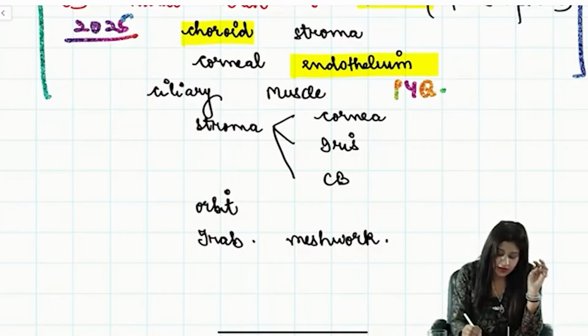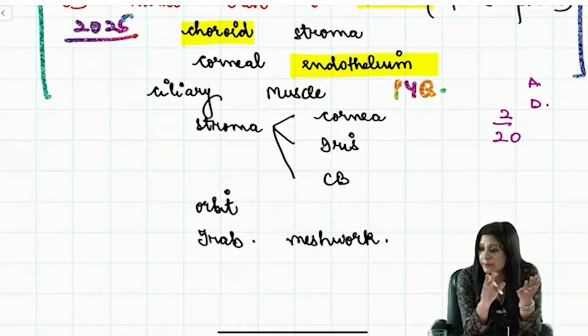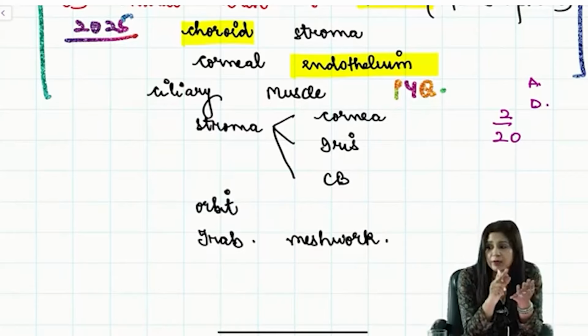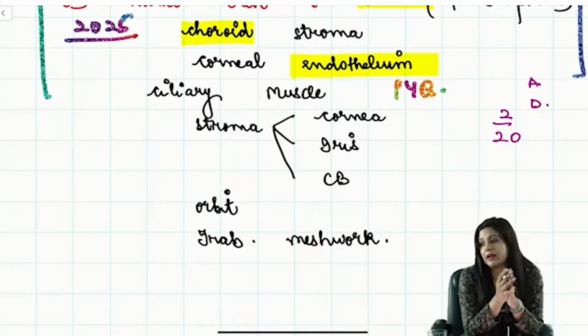So with this we have done 2 out of 20, 1 from anatomy and 1 from development, 2 questions. Any question which comes from anatomy can be solved from this. Any question coming from developmental portion can be solved from this. No question can come outside this, from anatomy and development.